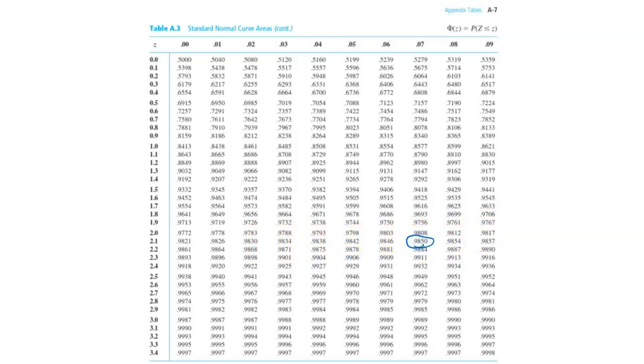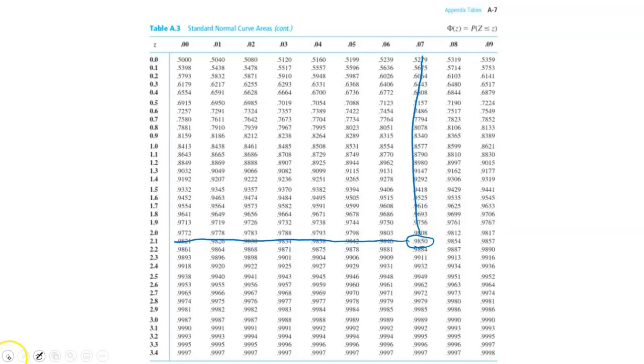It's a perfect fit for us. That is not that common. Sometimes it's between two numbers. What I ask you to do is to select the closest one between the two. And in this case, that means that the Z value is 2.17.